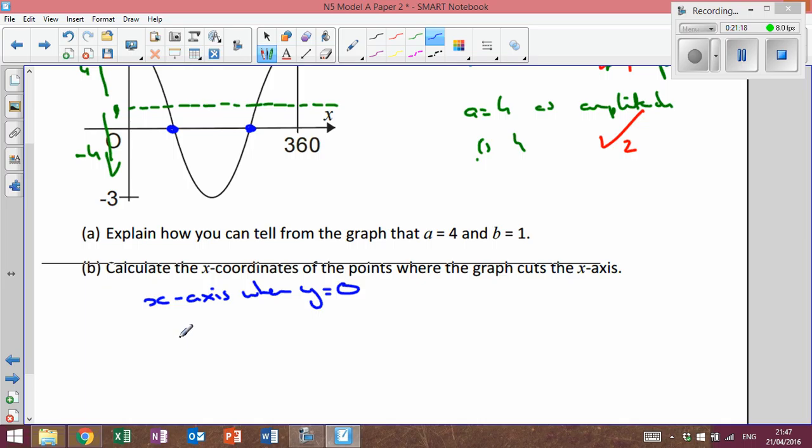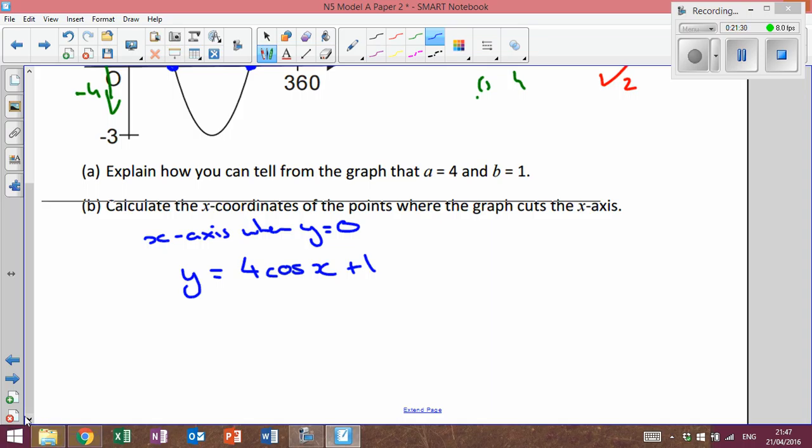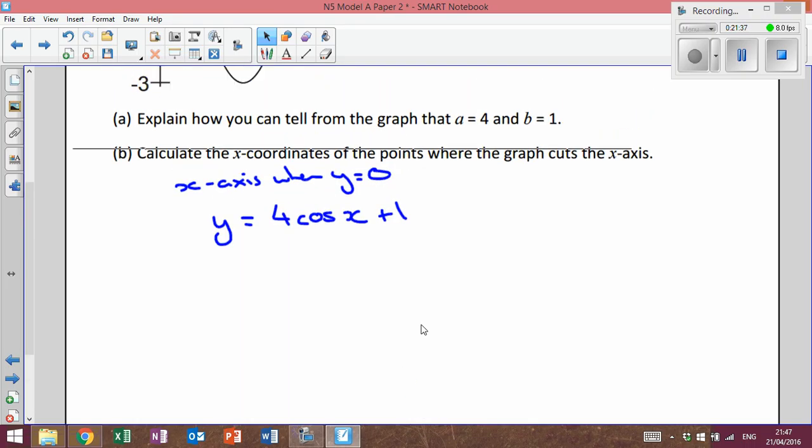So our formula, which was y equals 4 cos x plus 1, is now, okay, I'm going to come down out of this. I'm going to extend that page. This is now going to be y is 0, because it's on the x-axis, y is 0.